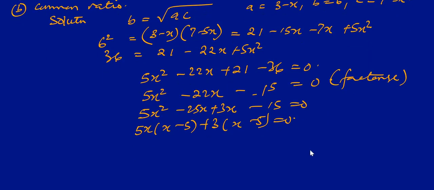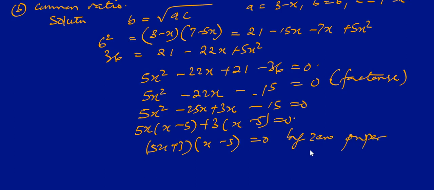So what you are going to have now is 5x plus 3 into x minus 5 is equal to 0. By the zero property, x is equal to minus 3 over 5, or x is equal to 5.